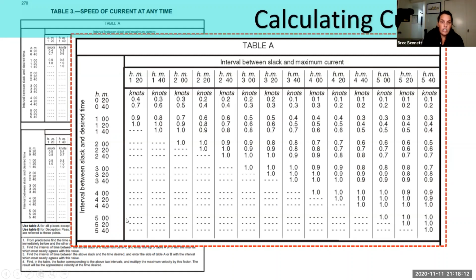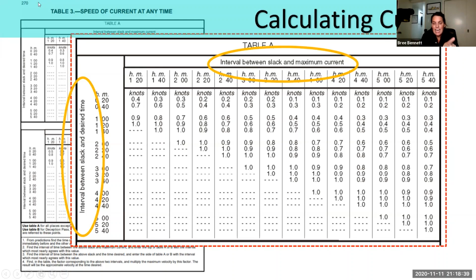Okay, so on the side is our interval between slack and desired time, and that's in hours and minutes. So that's similar to that duration, right? Let me go to this one.